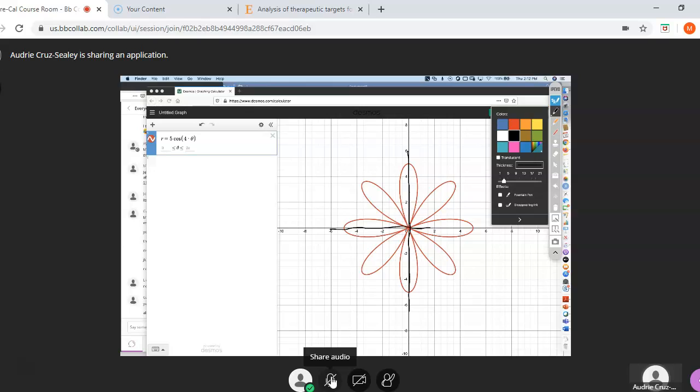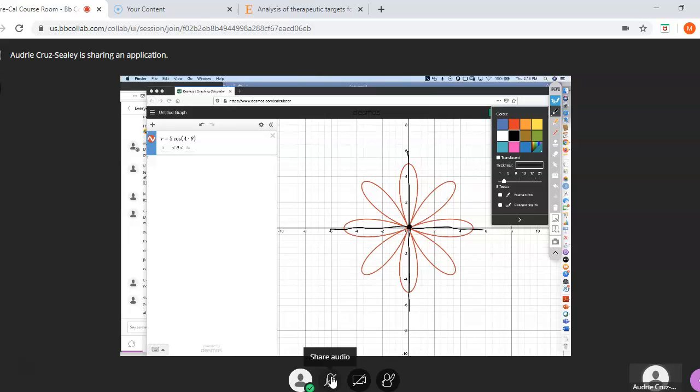If you were to fold it along the x-axis, they would be the same on both sides. In order to be symmetric about the pole, remember, that means that if you were to turn this 180 degrees, if you were to turn this upside down, would it be the same picture? And the answer is yes, it would be the same picture. And so therefore it's symmetric about the origin as well.